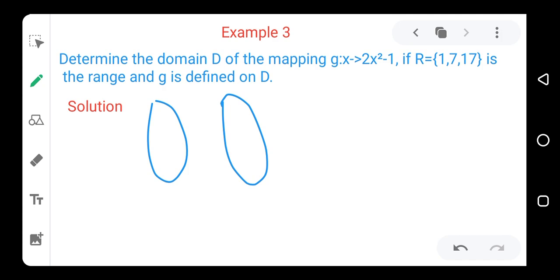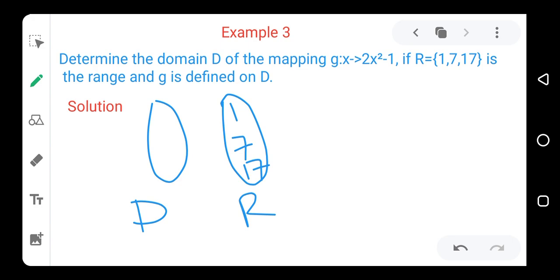We have the range, which is the value of the images in the codomain. So we have 1, 7, and 17 in the set R. Now we are looking for D, which is the domain.